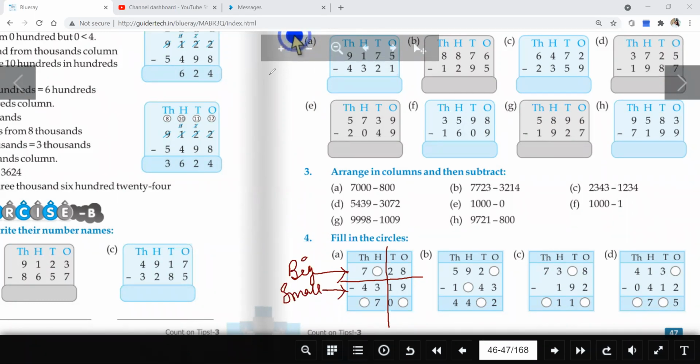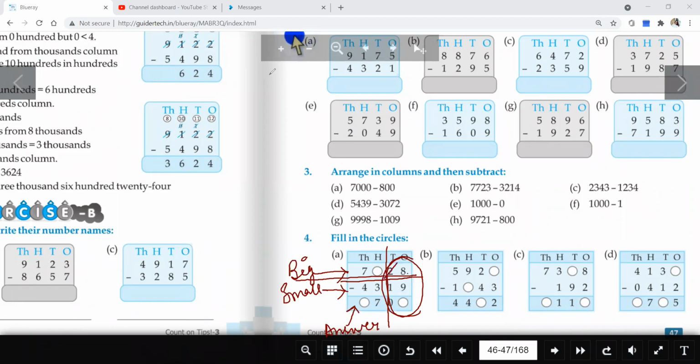Okay, and here this is your answer, right? I hope that you all can remember this part. Now consider only this part. I told you always it will be big number, this part. So 8 is smaller than 9.